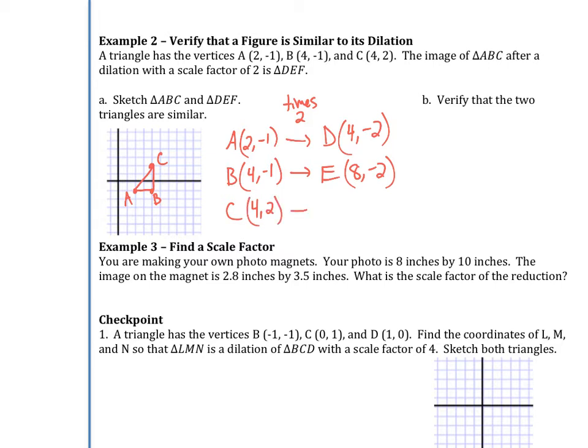And C is (4, 2). You multiply it by 2 to get F, which would be (8, 4). So if we graph that, 1, 2, 3, 4, -2 would be D. (8, -2) would be E. And (8, 4) would be F.